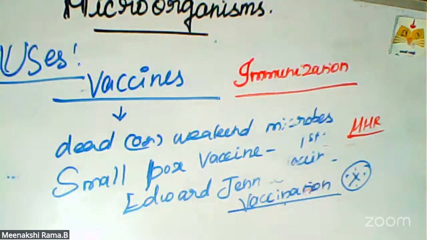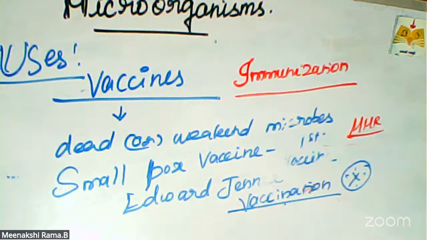So what is a vaccine? Vaccines are prepared from dead and weakened microbes. Edward Jenner was the first person to discover the smallpox vaccine, so he termed it vaccination. Vaccination means the vaccine is injected into the patient's body, and the body produces antibodies to fight that disease.